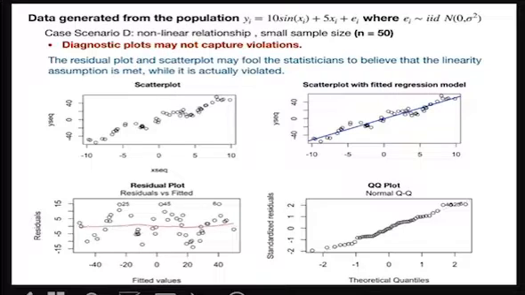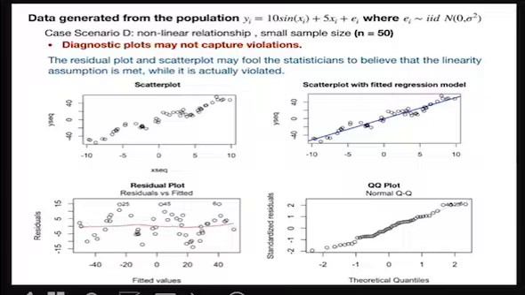Okay. Now, if you take a look at this scenario, I have a non-linear model. Look at the model that I'm specifying: 10 sine x plus 5x plus the error, but the error follows a normal distribution. How do I know the error follows a normal distribution? Because I simulated the data, and it follows a normal distribution.